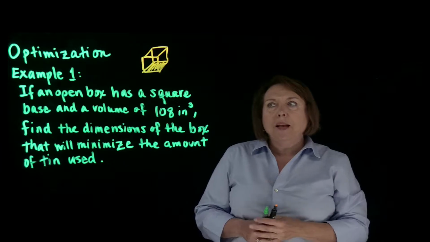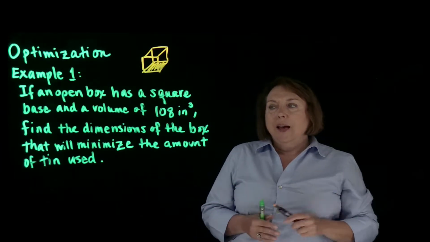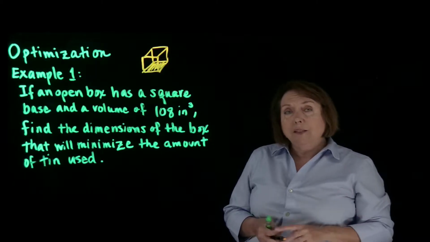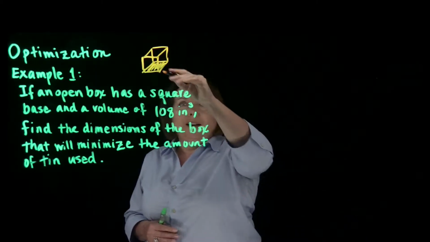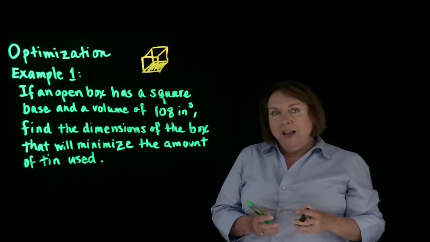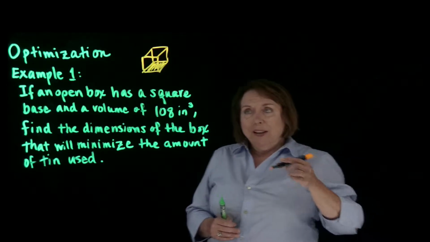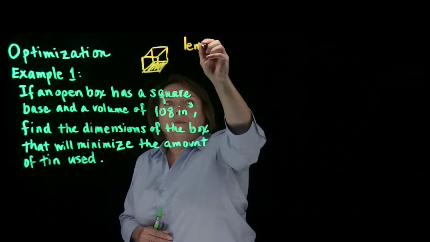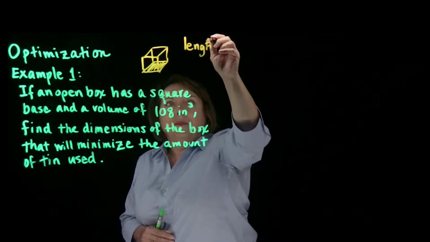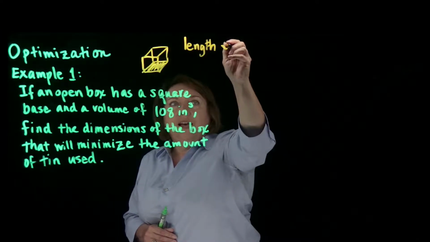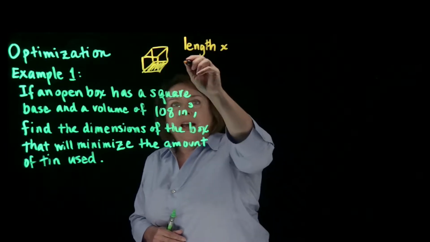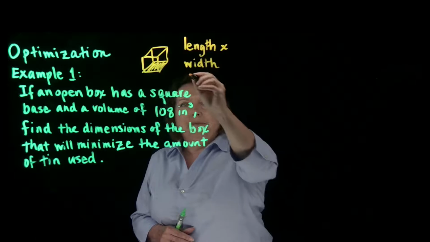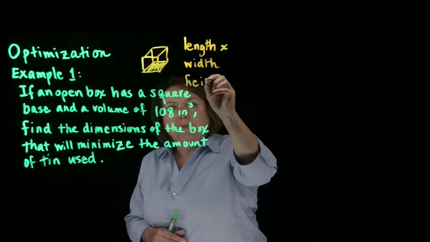We want to find the dimensions of the box that will minimize the amount of tin used to make the box. So any three-dimensional object will have 3 dimensions. It will have a length, and we'll call that x, and a width, and a height.